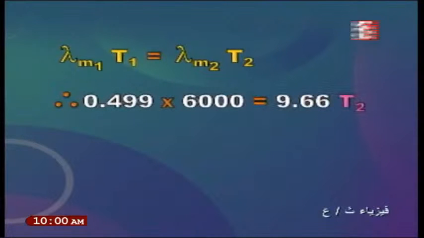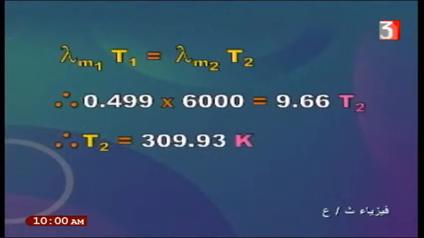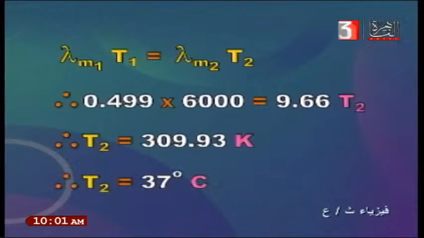So 0.499 times 6,000, where 6,000 is the temperature of the surface of the Sun, equals the peak wavelength of the Earth, 9.66, times T. So the temperature of the Earth on the Kelvin scale will be 309.93 Kelvin. In Celsius it will be 37 Celsius.